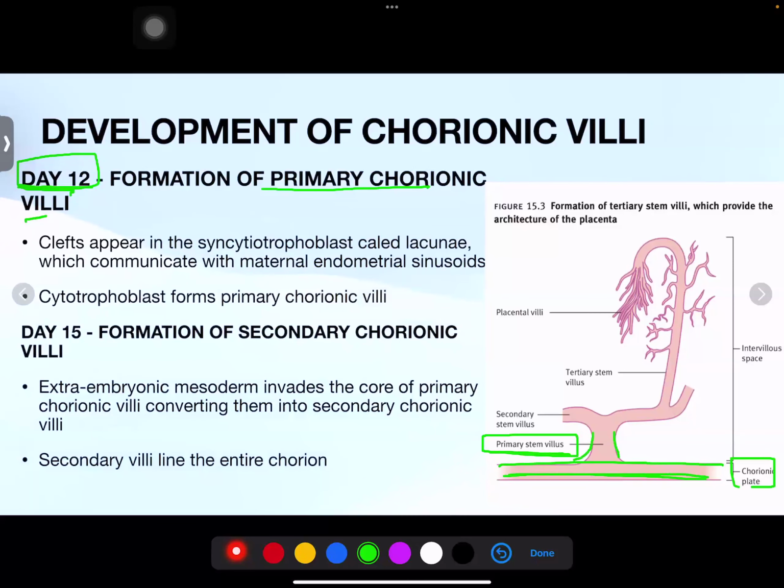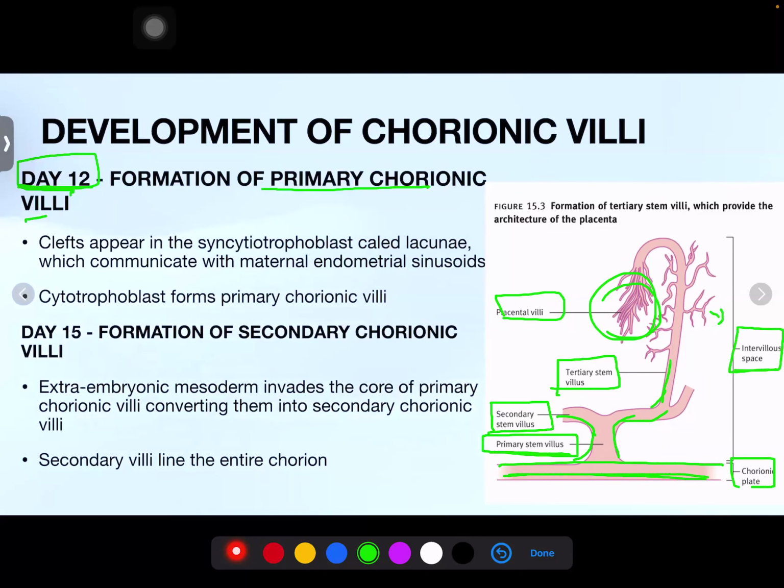First is the primary stem villi, then it gives branches, forming the secondary stem villi, and then the tertiary stem villus. And if you see this tree, these are the placental villi, the free villi, and they open into the intervillous space.